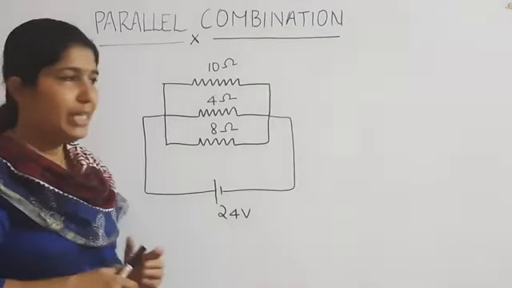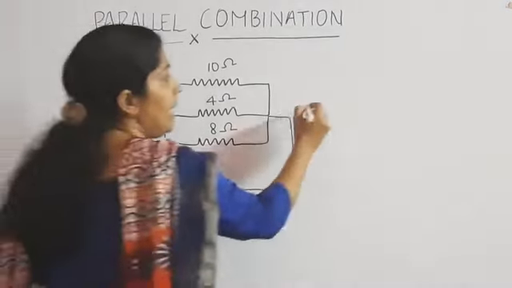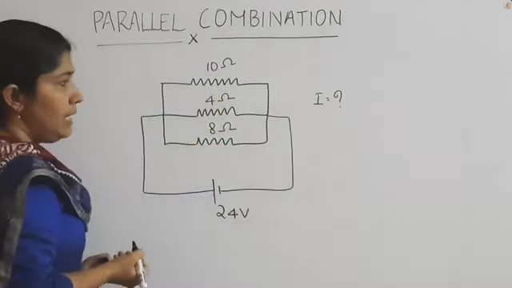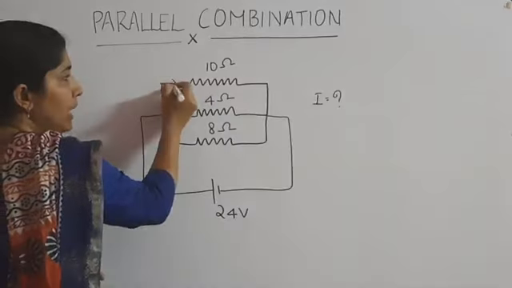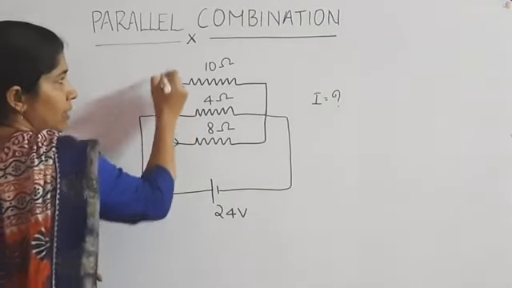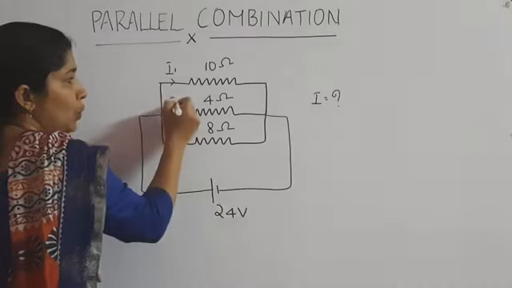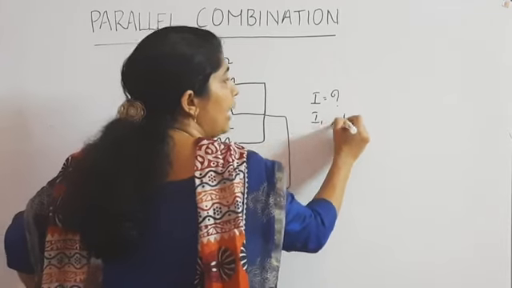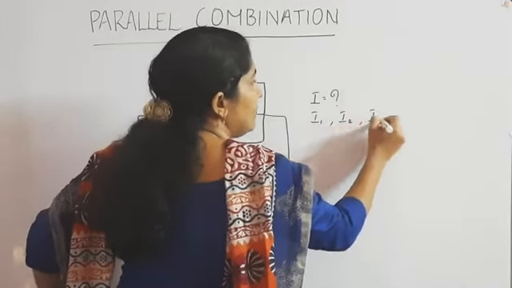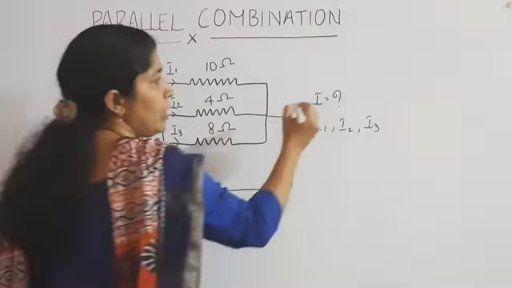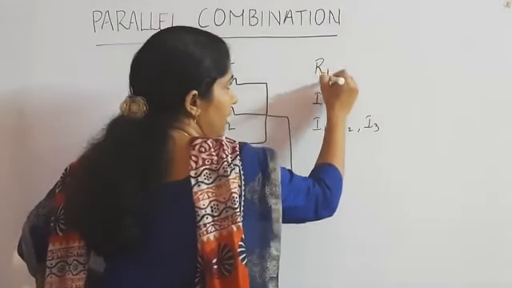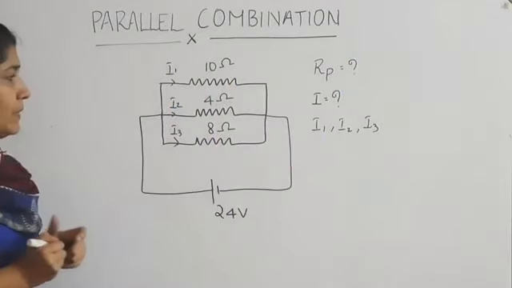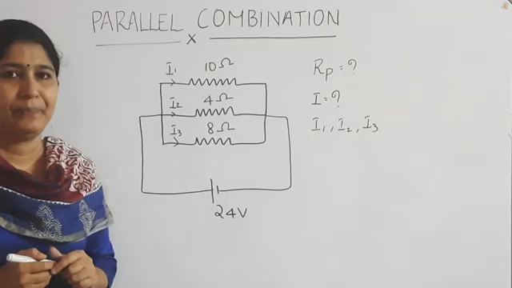We want to find the current drawn from the cell, I. The second question is, what is the current flowing through each resistor, that is I1, I2 and I3? Then, what is the effective resistance of the circuit? These are the 3 questions from this portion.